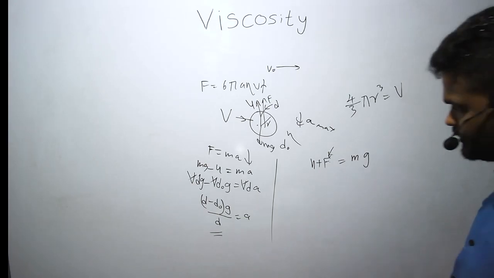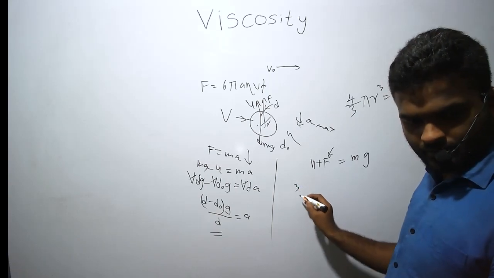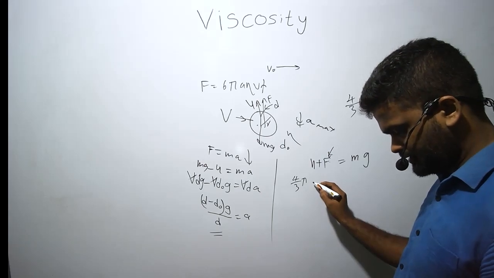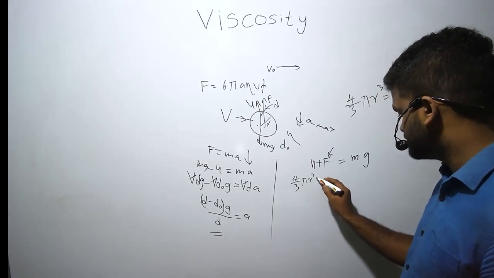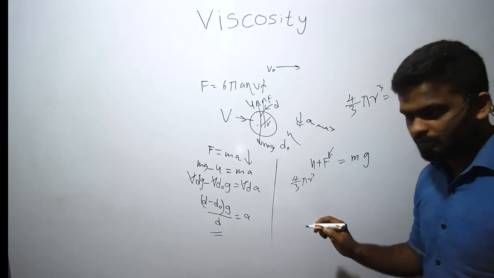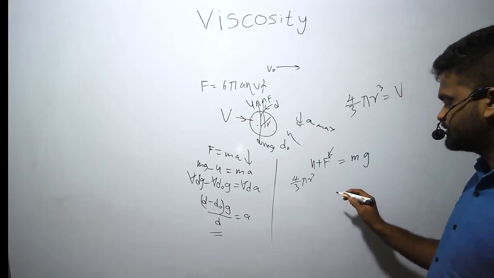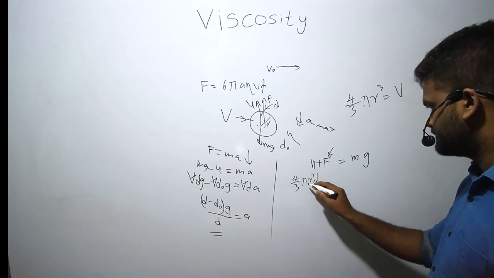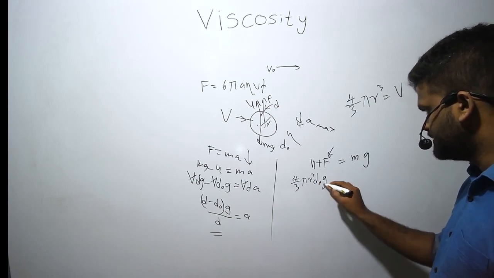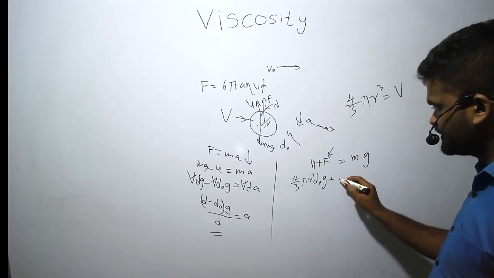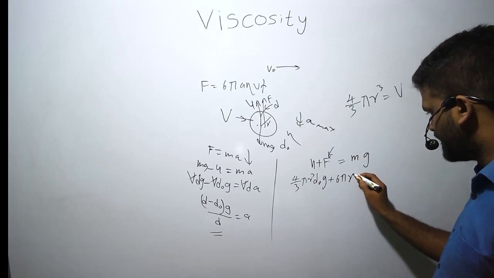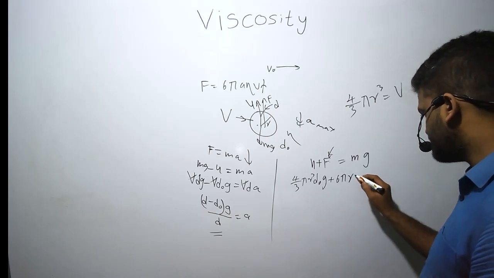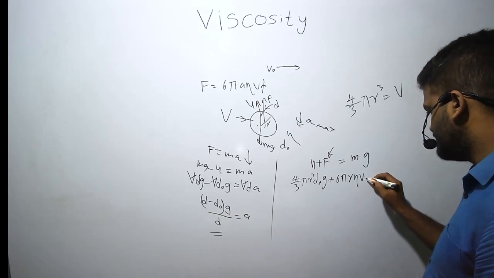Okay, U is V rho g, 4/3 pi r cube. Don't mix rho and rho naught, d, right? d naught, V rho g. 6 pi r, a means r, 6 pi a eta, V naught.